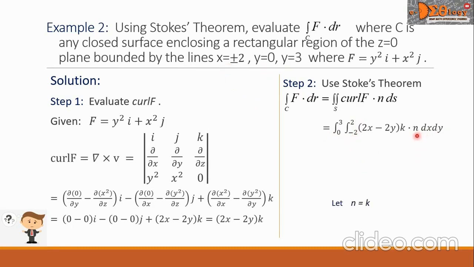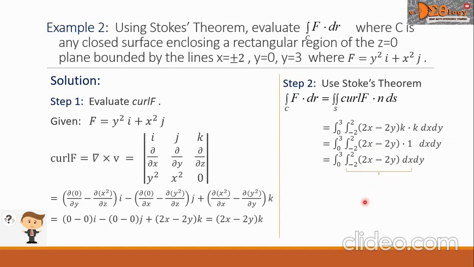Now, for this n, we let n equals k. We will write this as k so that it will be uniform with our component k. So the curl F dot k, the value will be the quantity 2x minus 2y multiplied by 1. We can simplify this into simply 2x minus 2y.